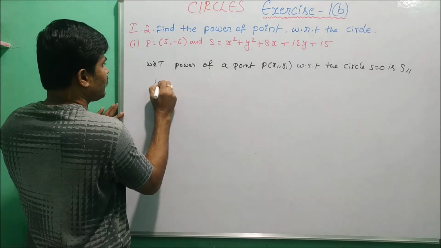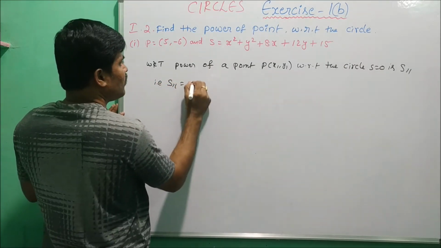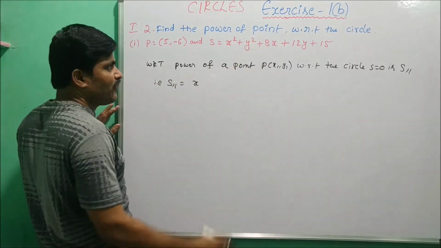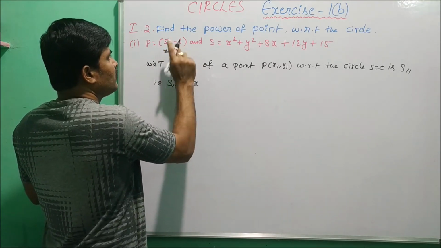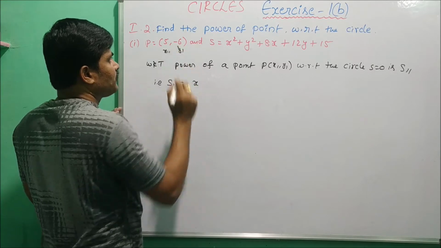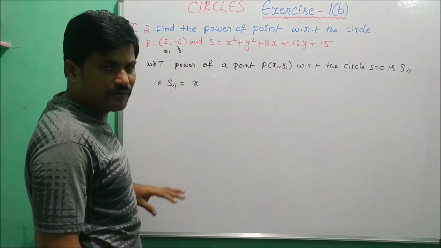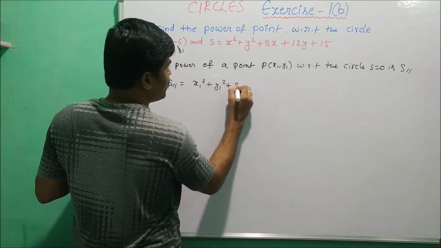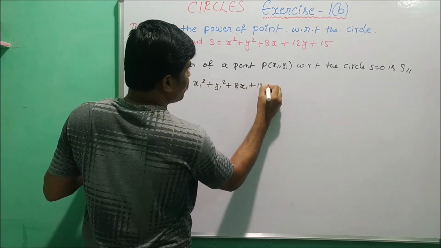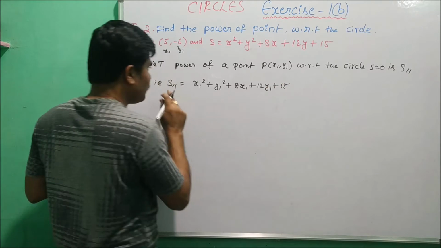So S11 means here we write in place of x, y, x1, y1. Now we consider P is (x1, y1). Here x1 equals 5, y1 equals minus 6. So x1 square plus y1 square plus 8x1 plus 12y1 plus 15. This is S11.